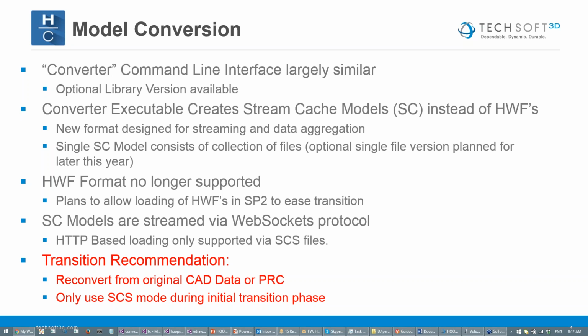But to take advantage of the full capability when it comes to streaming, which we'll talk about in the next slide, the best option is really to convert to the stream cache format and then deploy the server infrastructure to allow the streaming of the data. The new Communicator is designed around that workflow.